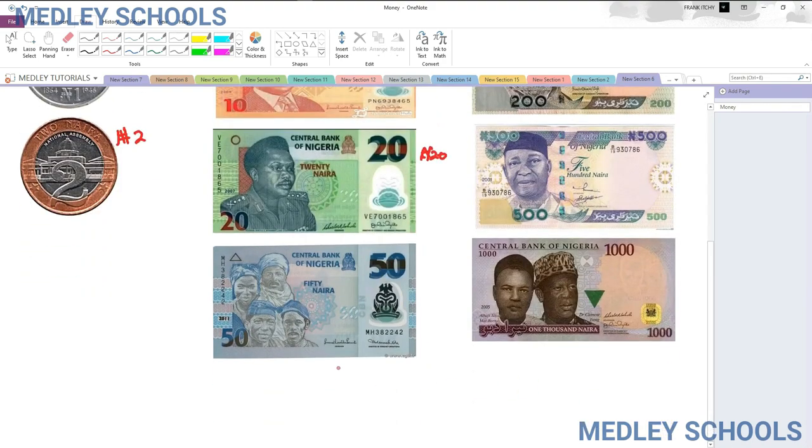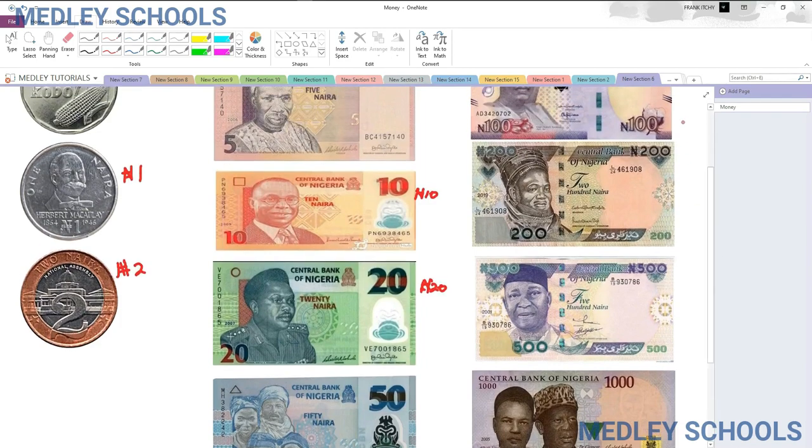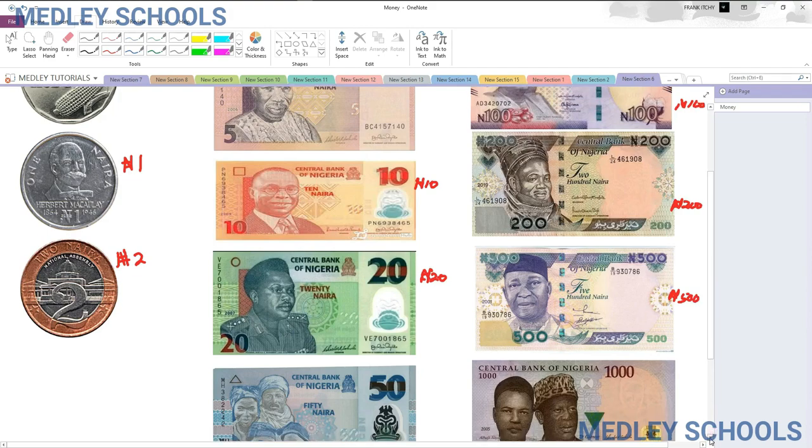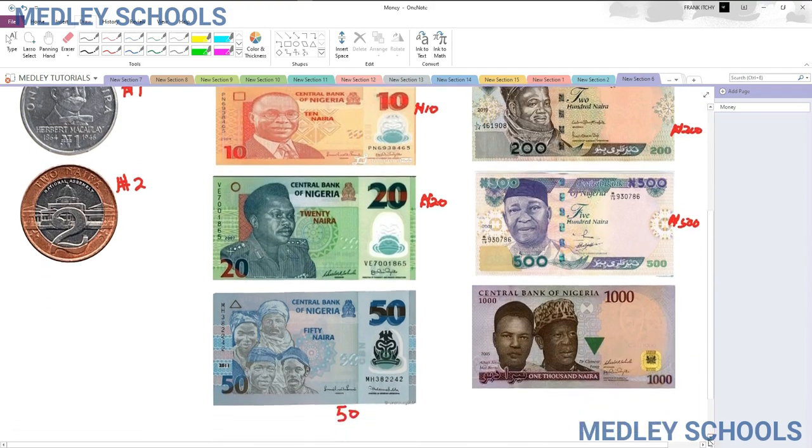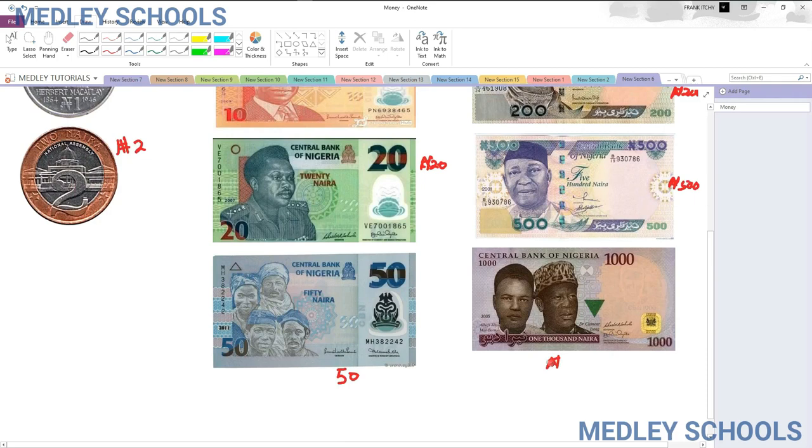We also have 50 naira, and there is 100 naira also. We have 200 naira, this is 500 naira, and the biggest banknote in Nigeria is 1000 naira.